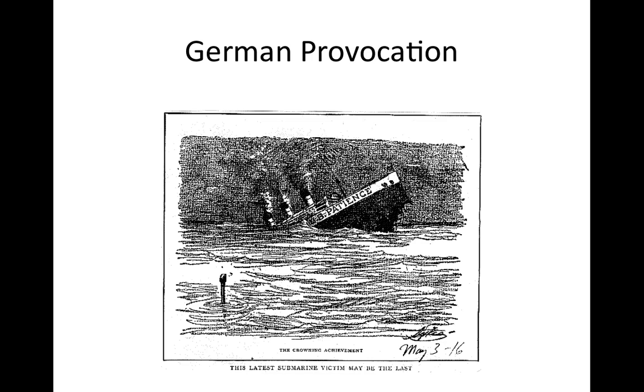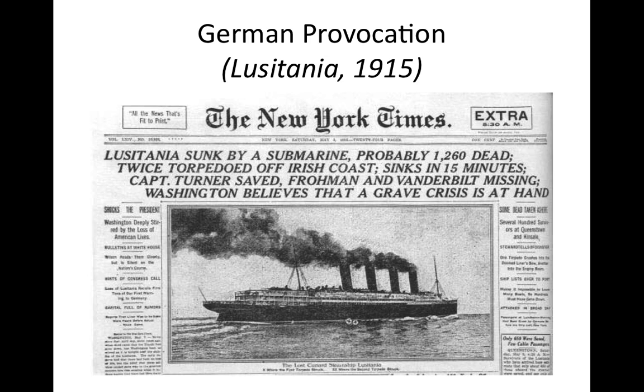One of the new weapons that Germany was using was the U-boat, Unterseeboot in German, which was basically an early version of the submarine. Using weapons fired from submarines, the German Navy destroyed a number of ships to enforce its blockade of Great Britain. One of those ships included Americans.